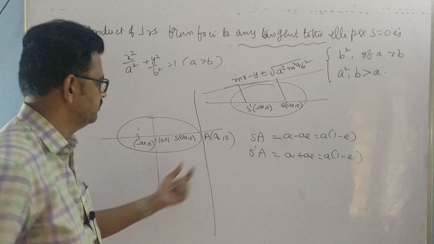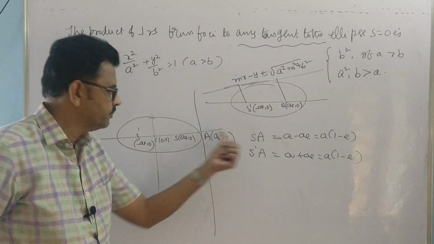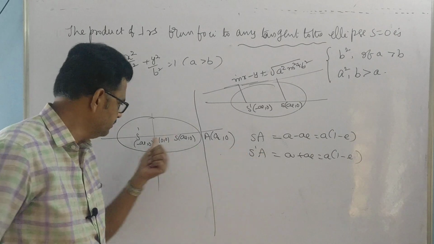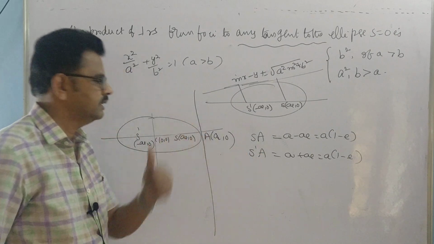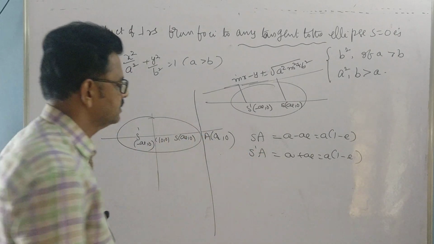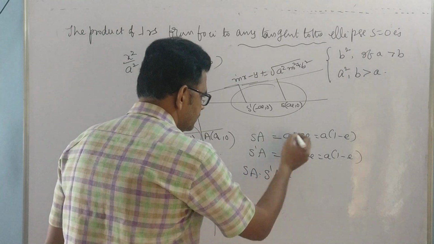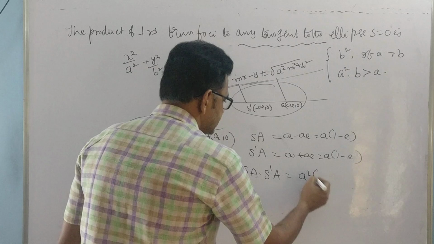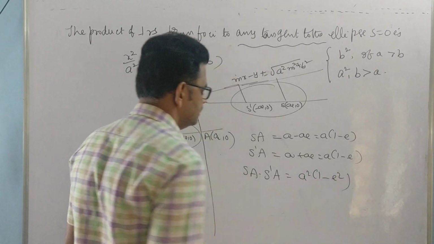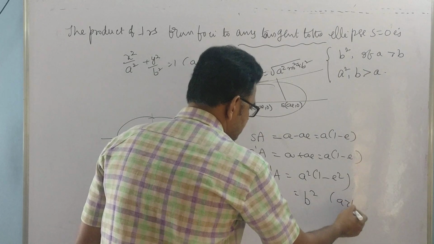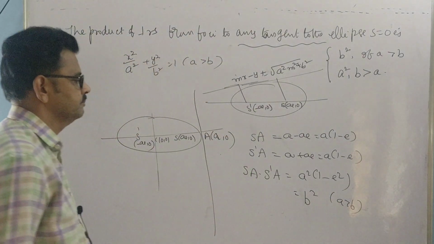Now this is the perpendicular distance from the focus to the tangent. This is also the perpendicular distance from the second focus to the tangent. Now their product, SA into s dash A, multiplying these two, gives a square into 1 minus e square, which is b square if a is greater than b.